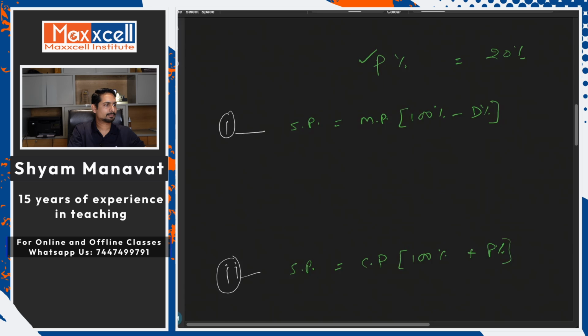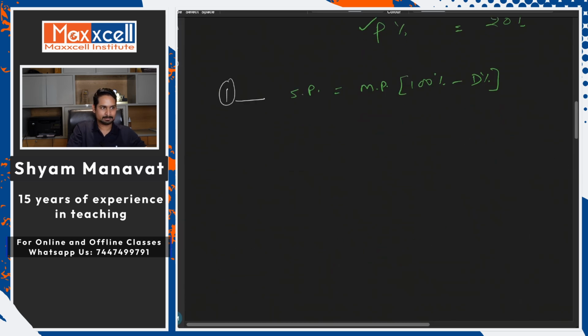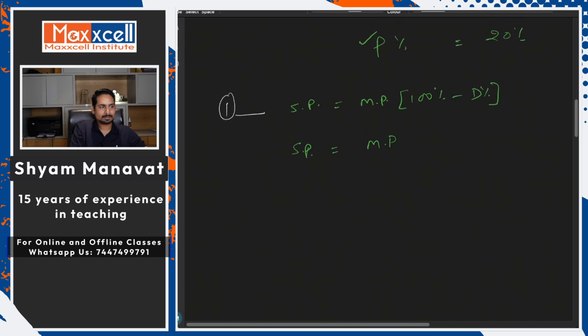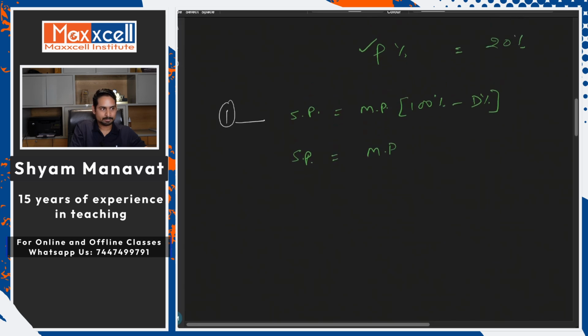Now, the selling price should be equal to mark price, which I don't know, into 100 minus discount percent, so 40% discount, so it should be 60%. Alright, this is the first condition.